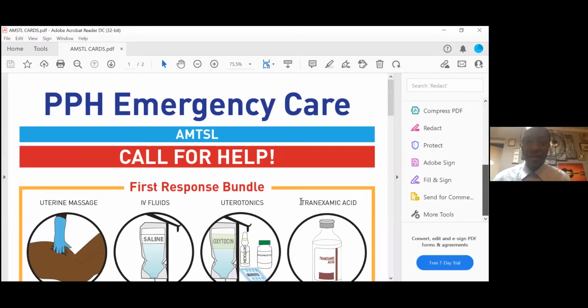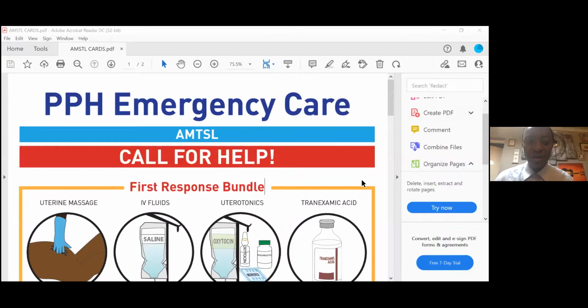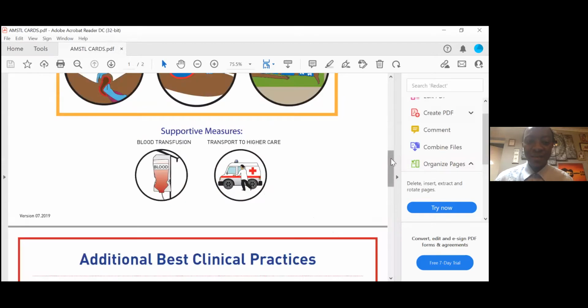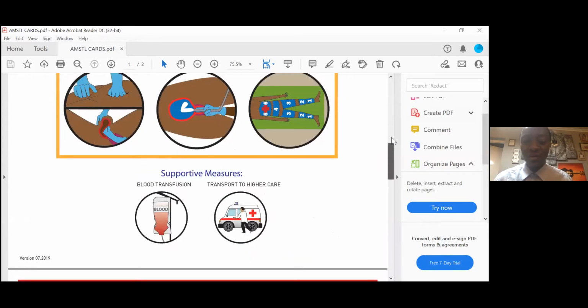Even when you're in a dispensary, you should demand that the dispensary is staffed to the correct staffing levels, with availability of things to manage PPH. In short, if you are conducting any deliveries, then you must be capable of handling emergencies. If not, referral is also a way of management.